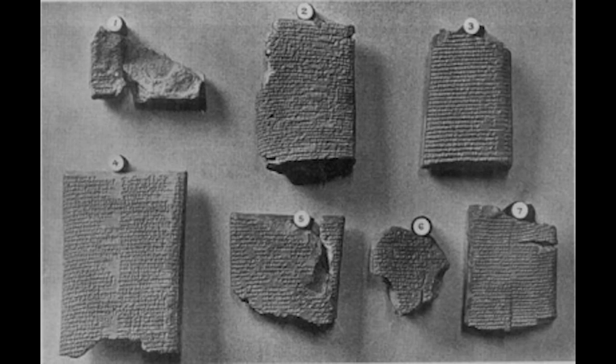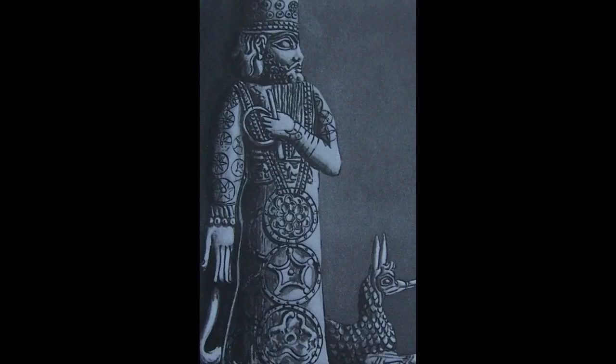In the 4th tablet, you see the installation of Marduk as king, and he receives the staff or the rod, the throne, and the ring. Once again, it's a symbol of power and authority given from what they would call the gods at the time to the kings to establish them as rulers.